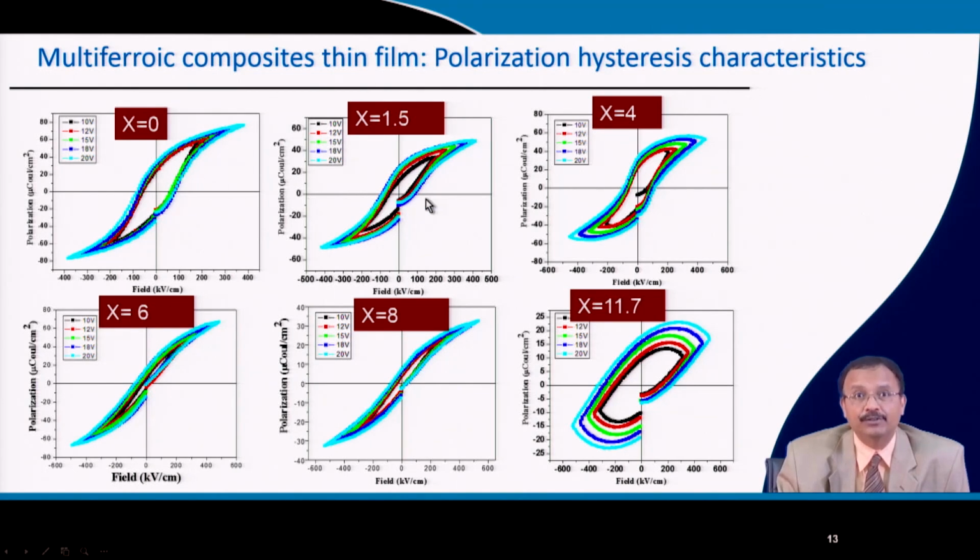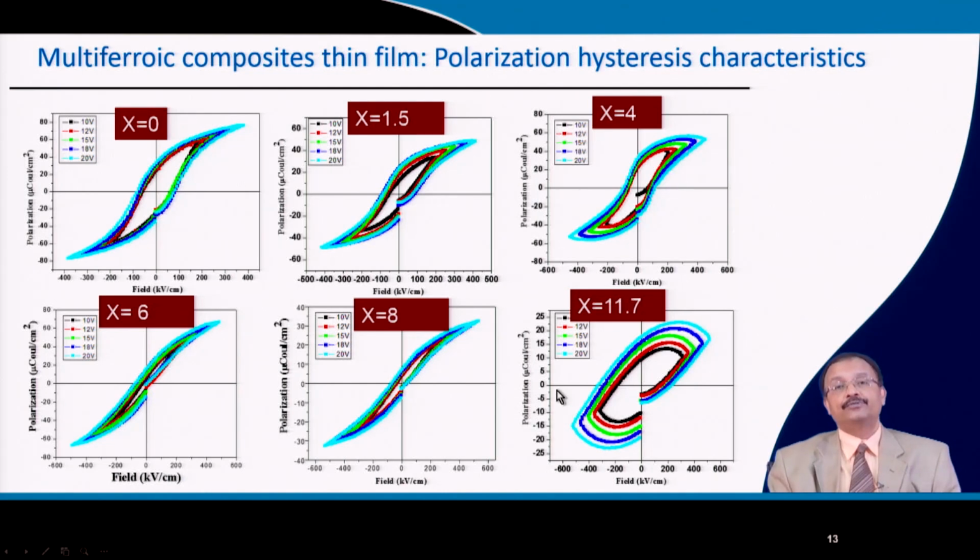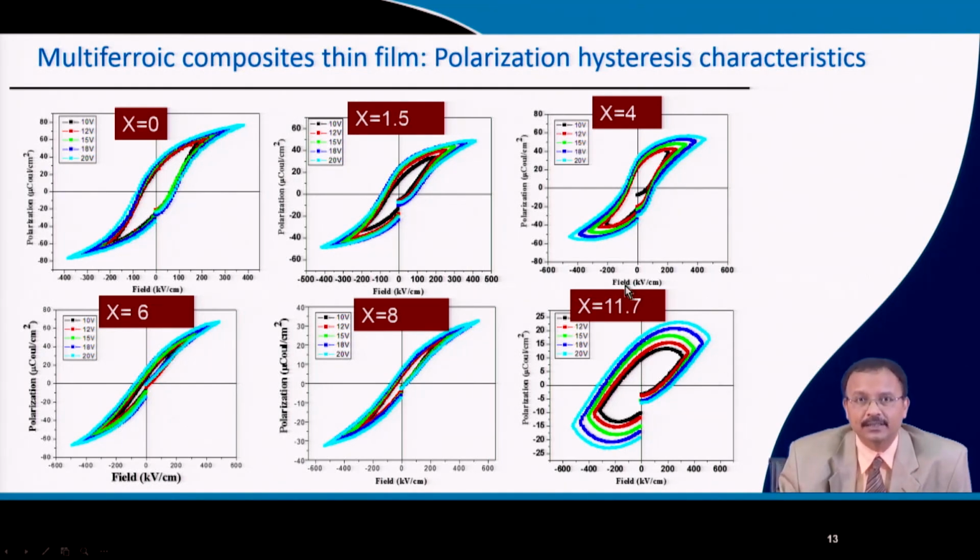So, they exhibit good ferroelectric loops, and each of these loops is taken at progressively higher applied field. So, we call this a nested hysteresis loop. You get this kind of nice hysteresis, but as the content of CFO is increased, and CFO has relatively higher conductivity than lead lanthanum titanate, the leaky nature of the loop is apparent when it crosses 10 volume percent or more. So, that is perfectly expected.